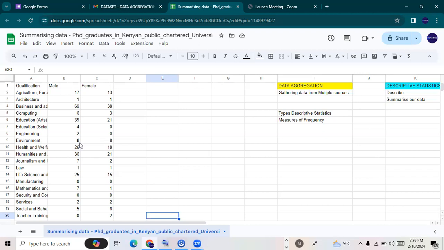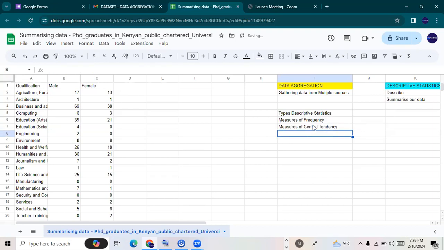Now, how can we describe and summarize this data? We can do this in three ways using descriptive statistics. The first one is measures of frequency. We've already treated this under basic statistics, so we are building upon that fundamental knowledge. The second is measures of central tendency.